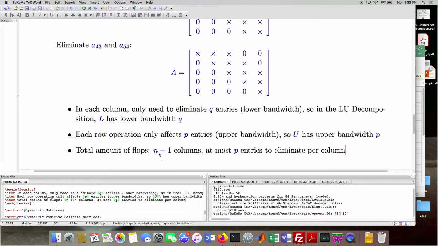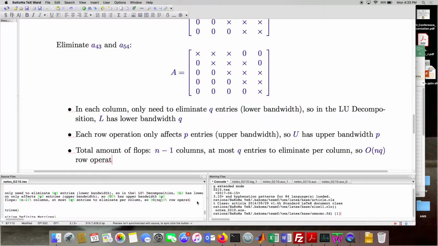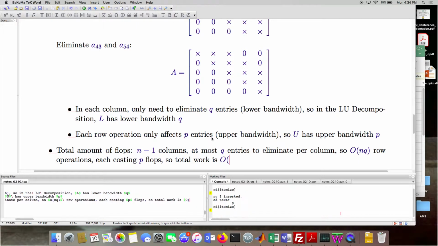So the total number of row operations is order n times Q. Sorry, I said P at first, but that's Q, the lower bandwidth: how many entries you eliminate per column. So order nQ row operations, each costing P flops, because each row operation affects P entries due to the upper bandwidth. So total work is order nPQ. Note I say order of that; I'm not being precise about every single term.